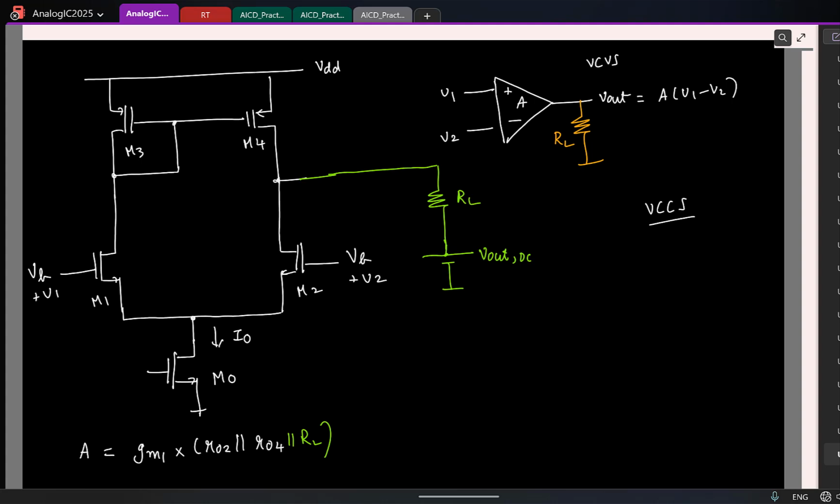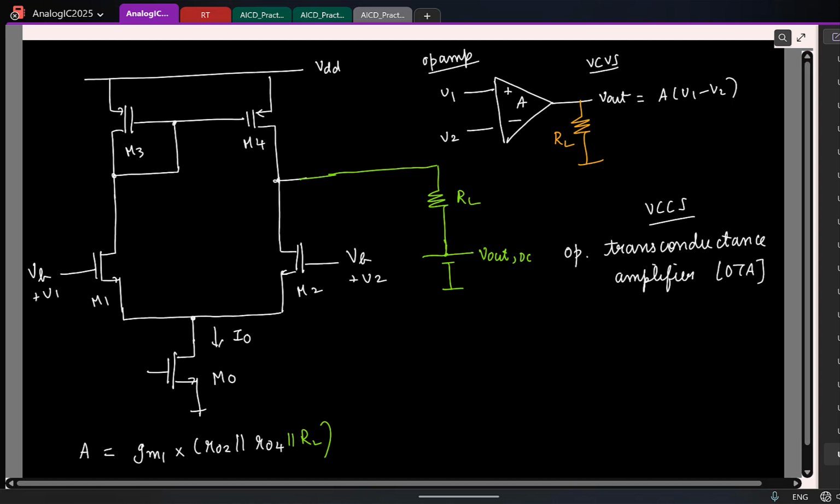Because for a current source, the current is fixed, and the output voltage will change based on the load, right? That's what we have. So instead of making an operational amplifier or an opamp, what we have at our hand is typically called the operational transconductance amplifier. In short, OTA.